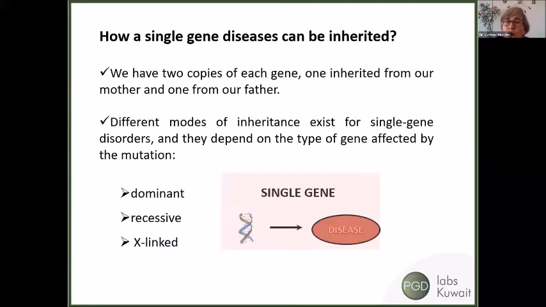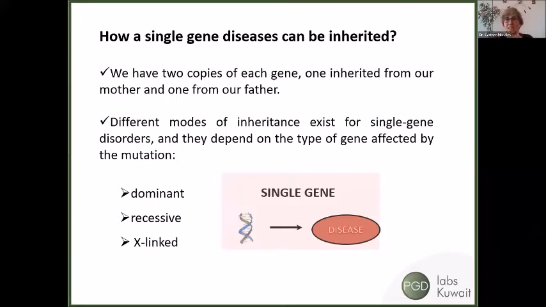To understand how these genetic diseases can be transmitted through different generations, we first have to know that we have two copies of each gene: one copy that we inherited from our mother and the other copy from our father. So from the thousands of genes we have, from each one we have two copies.